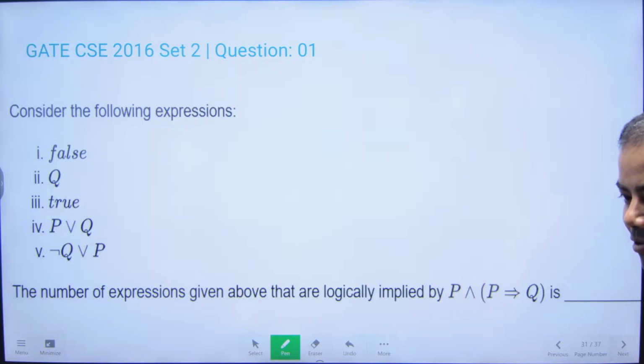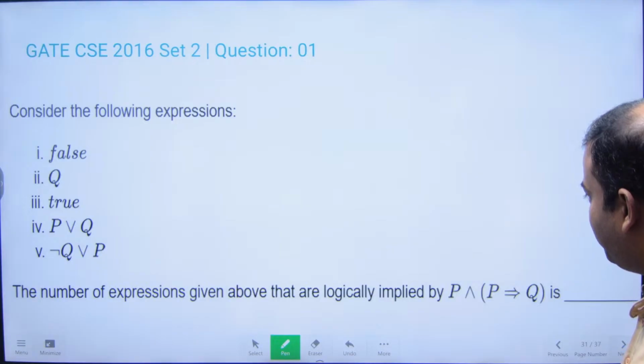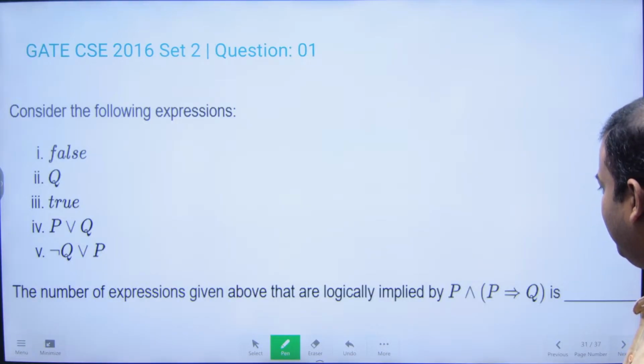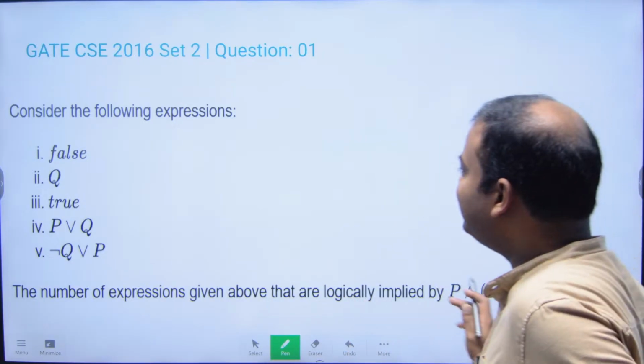That first, modus ponens. Okay. Answer, consider the following expression. The number of expressions given above. Yes, that is the trick. You are right that Q is 1.